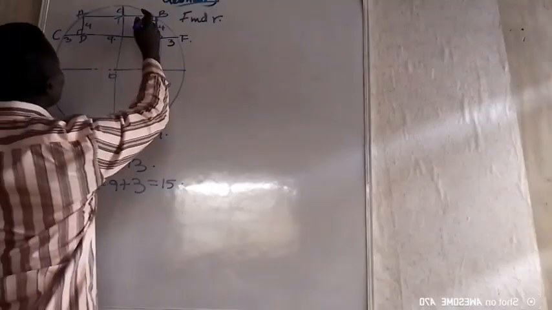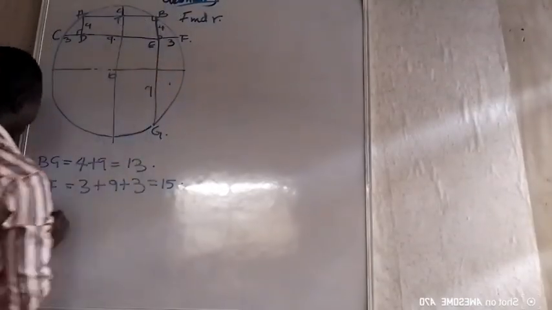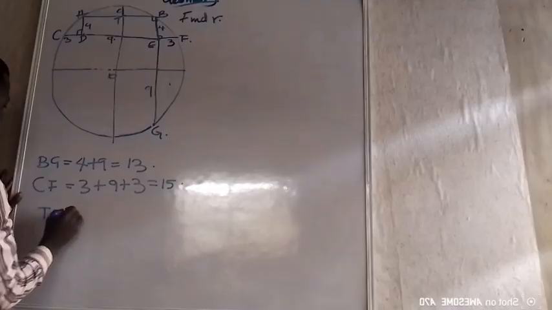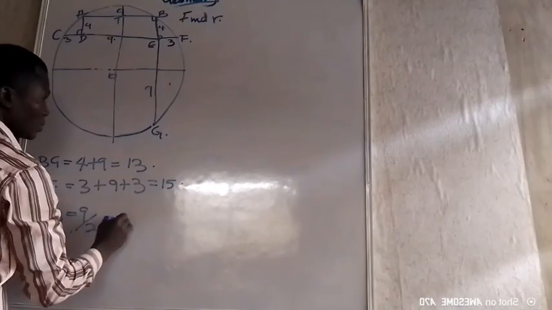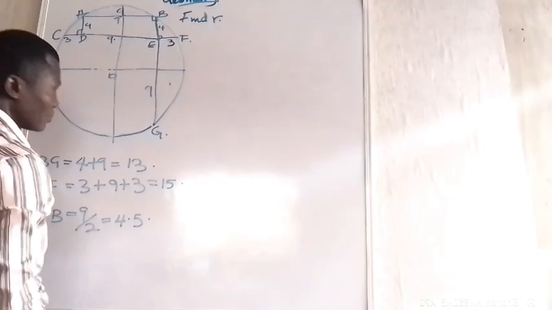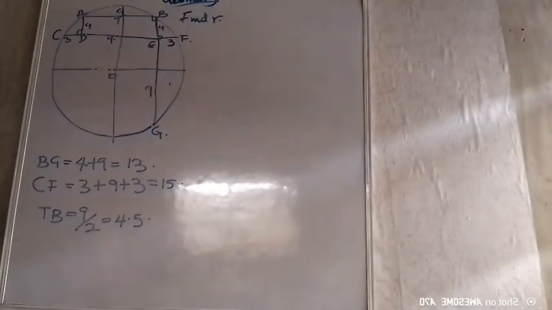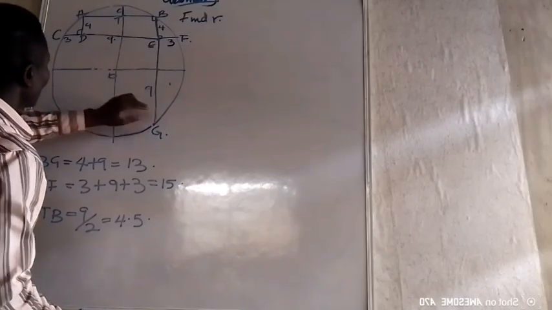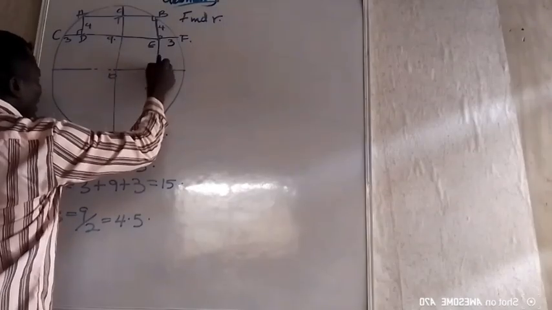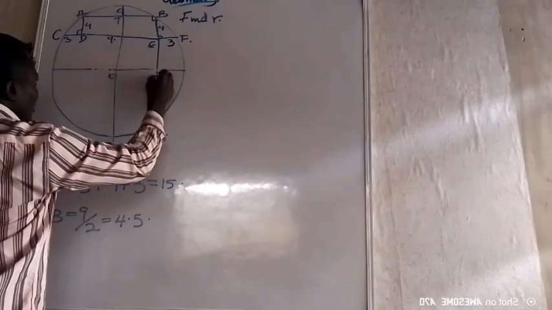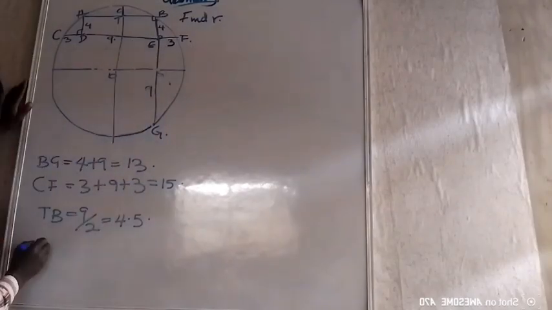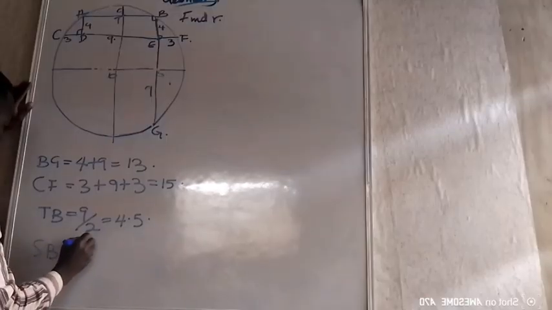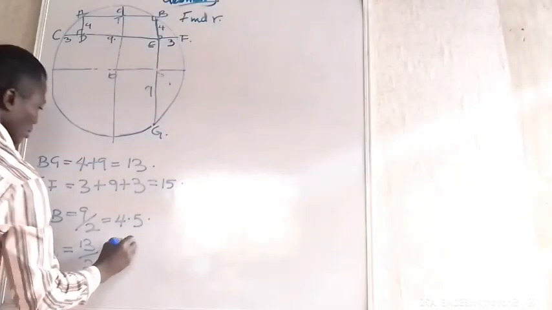So CD is equal to 9 divided by 2, which is 4.5 units. And we can see that BG, we said, is 13. So from here to here, let's call it S. So SB will be equal to 13 divided by 2, which is 6.5.